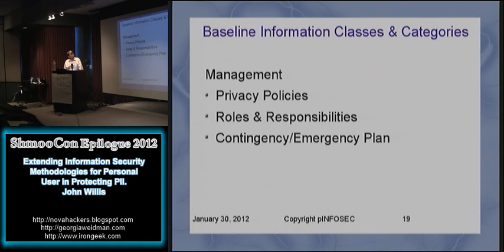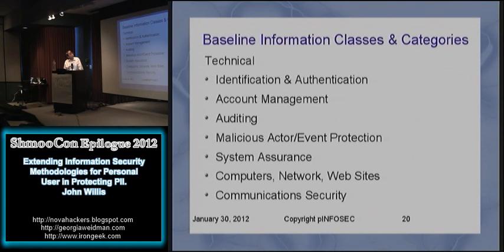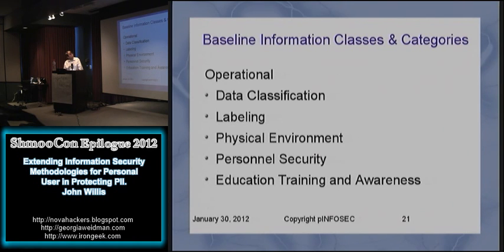On the management side, it'd be privacy policies, roles and responsibilities, contingency and emergency plans. On the technical side, it would be your identification, authentication, account management, auditing, malicious actors, event protection system. A lot of this is very similar to the typical areas. Some of them are very specific.